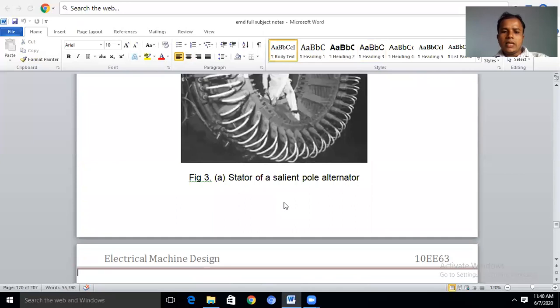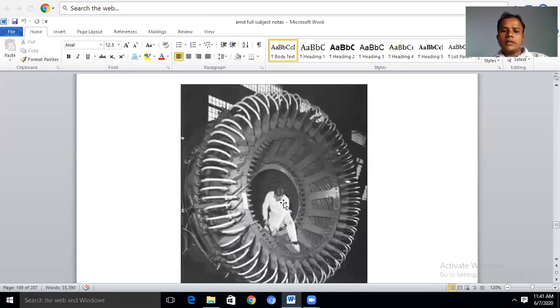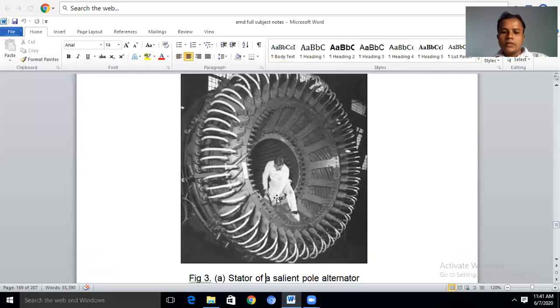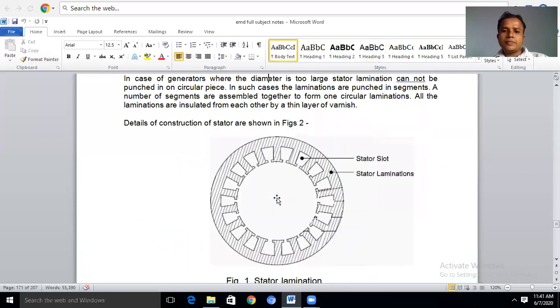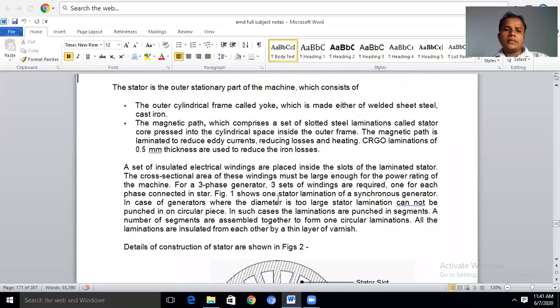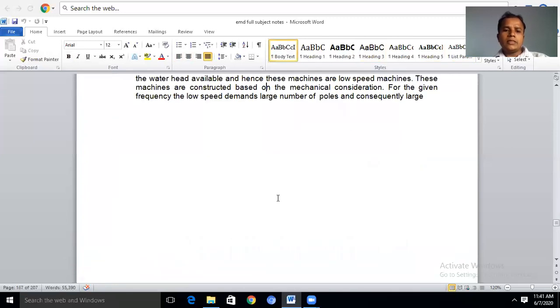This is the stator of a salient pole alternator. This is a huge construction. Here there are stator slots and stator windings, and inside this we are going to keep the rotor. This is the construction of the hydro generators. This is the stator core.